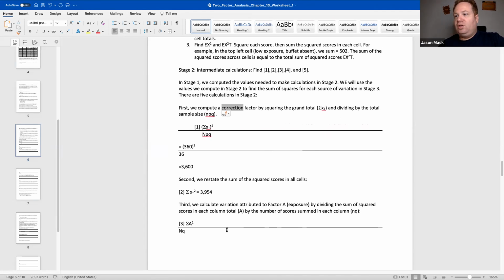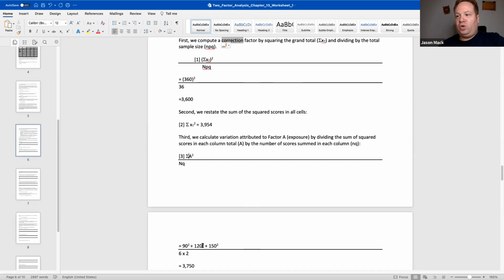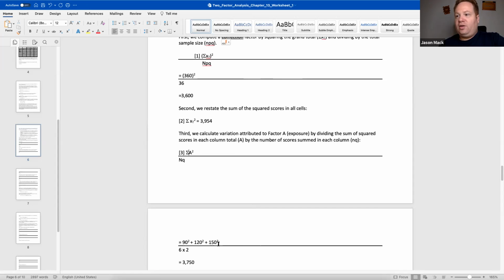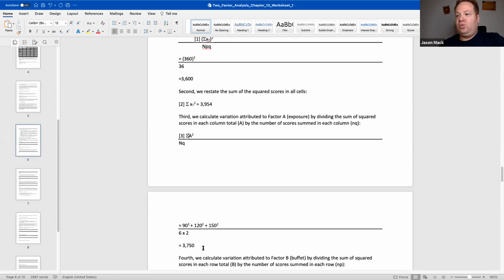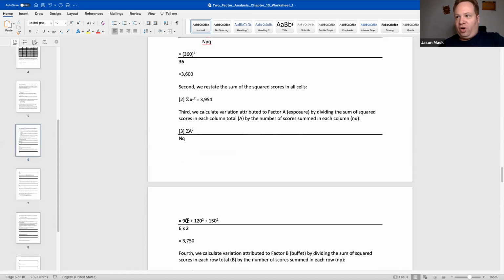So that is going to be 90 squared plus 120 squared plus 150 squared divided by 6 times 2, which is 3,750. Again, pulling all these values right out of Excel.